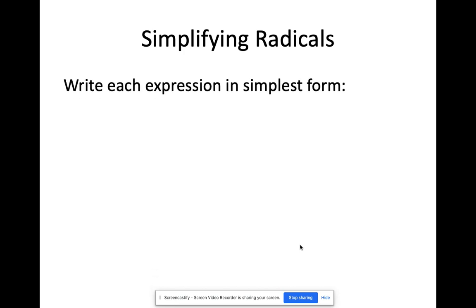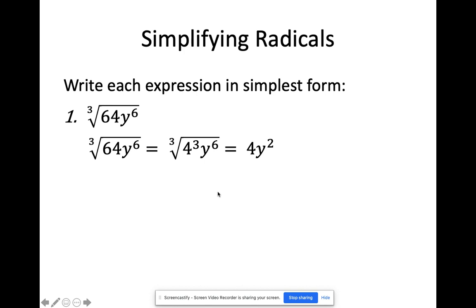Example, write each expression in its simplest form, okay? This one. So cube root of 64y to the 6, okay? Now I have to express 64 as a power that has an exponent of 3, okay? So I can express 64 as 4 to the third and y to the 6.